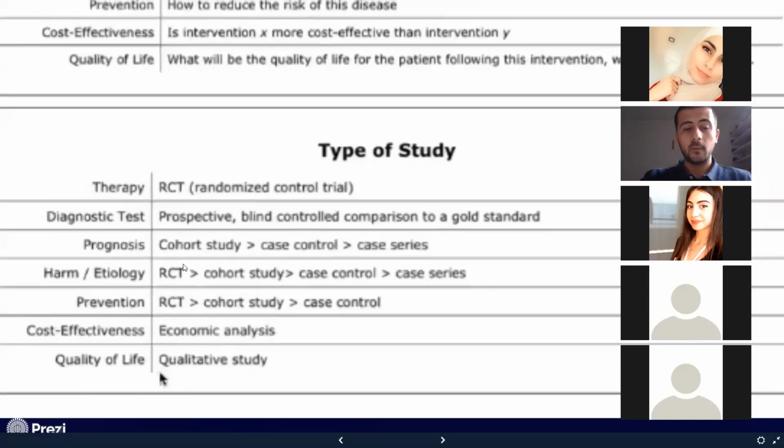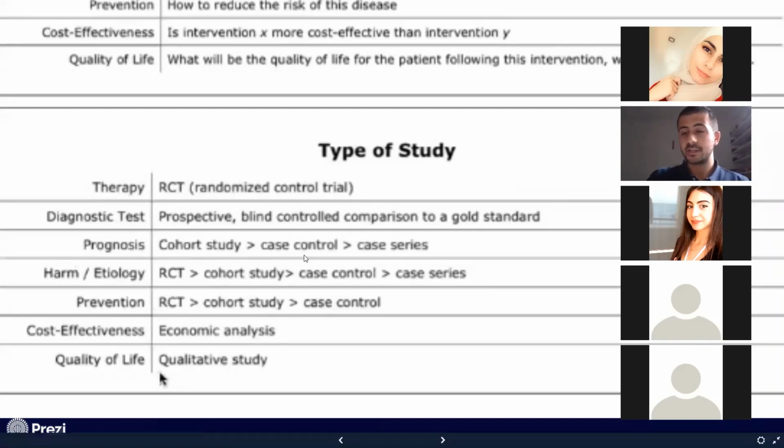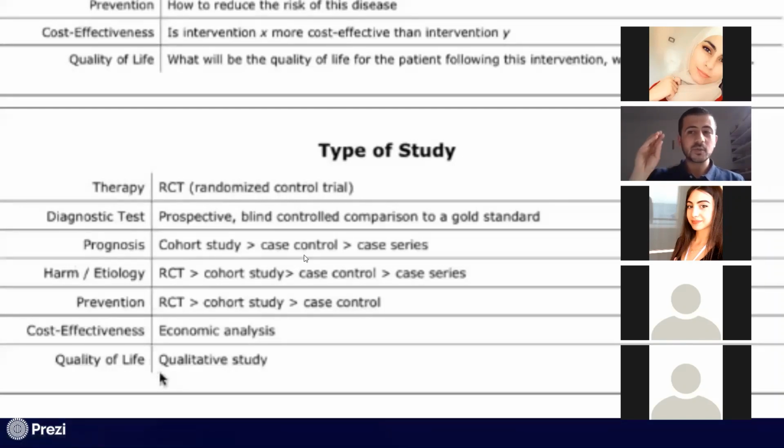What is the benefit of a cohort study over case control studies? Actually, for a cohort study, I can assess the prevalence. I can say that this side effect will happen in 20% of those patients. For case control studies, I can't say that because I already just took those 20 and compared them to 20 other patients.